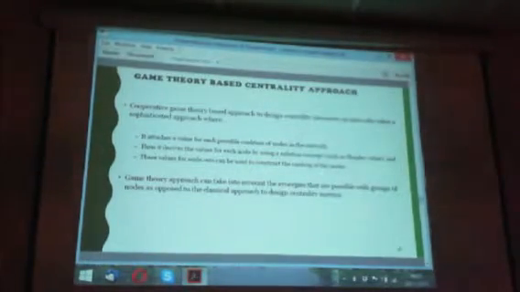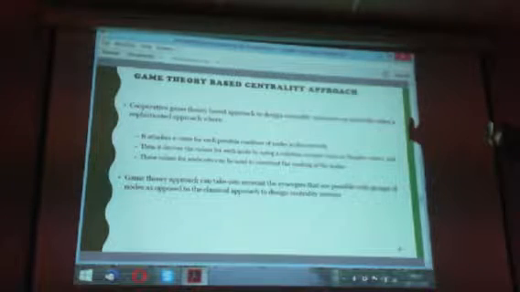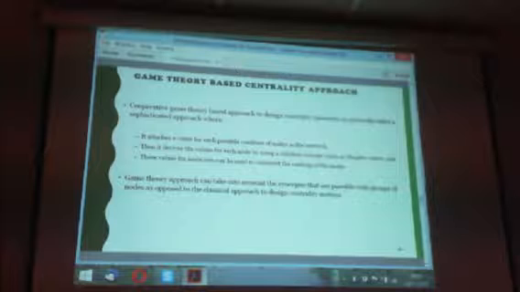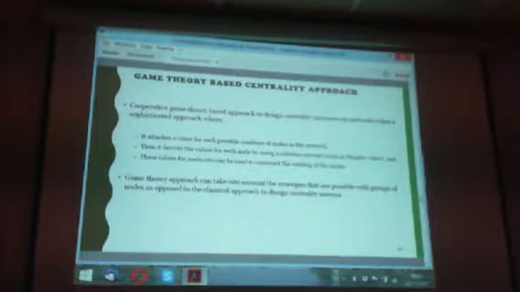Modifying the approach, or thinking of centrality with the approach of game theory, we will not base it on a single node, but we will evaluate the centrality with respect to some group of nodes.